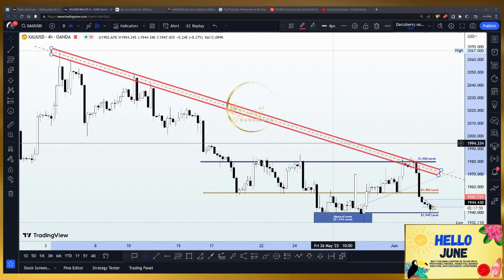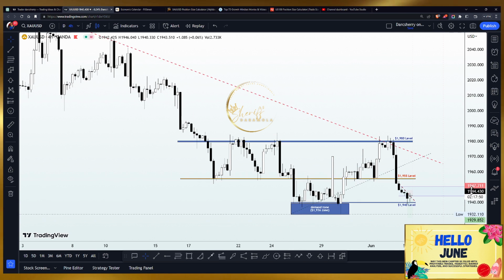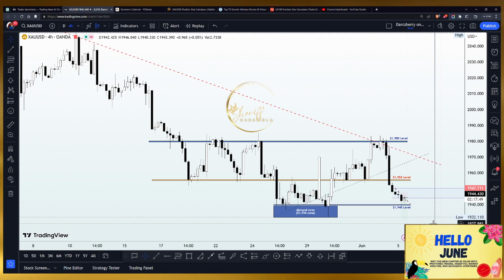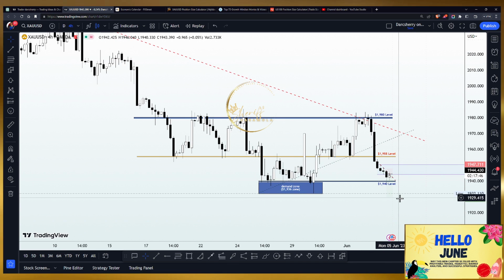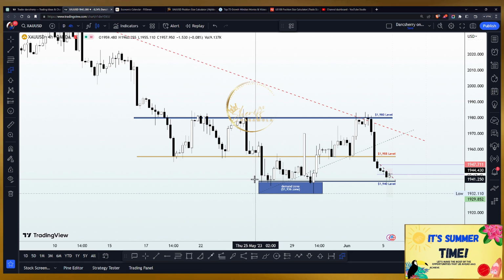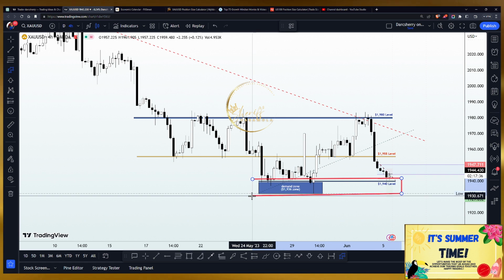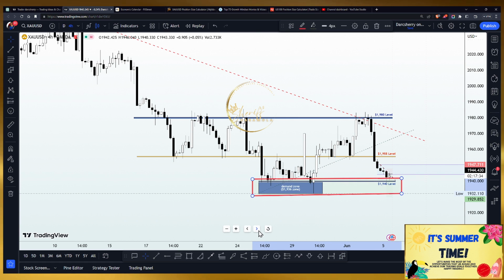momentum since the beginning of the month of May. Now, something interesting, just like what we have been seeing on the previous instrument we have been monitoring, despite the fact that we saw lower highs in this market, we are yet to see a lower low. As you can see, as soon as price action got into that 1,940 a couple of weeks ago, we saw how buyers negated all attempts by the sellers to break down the structure.